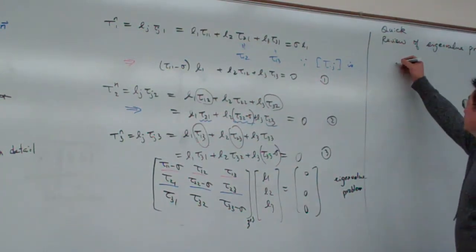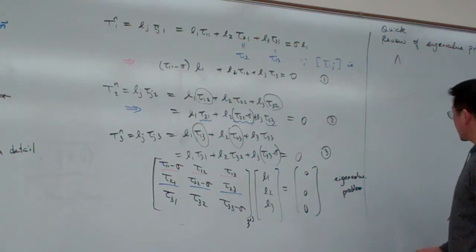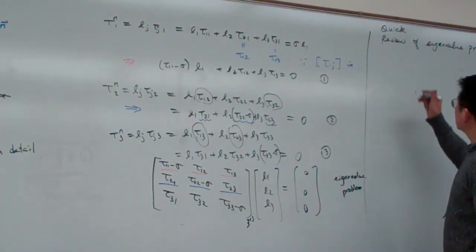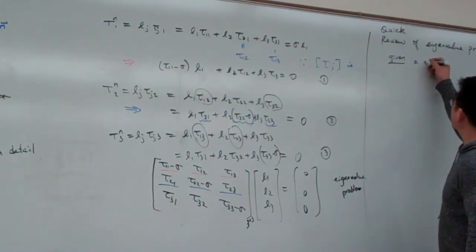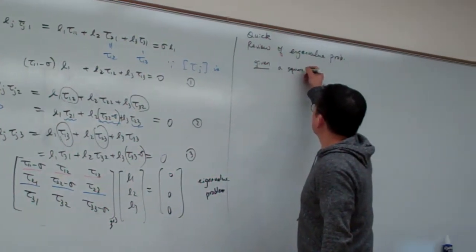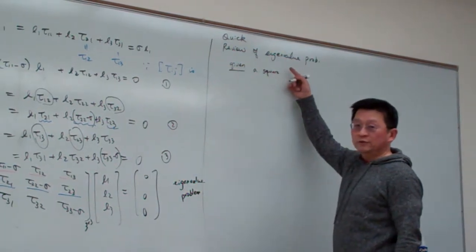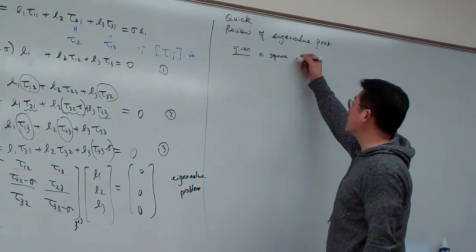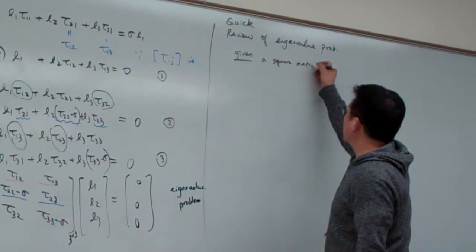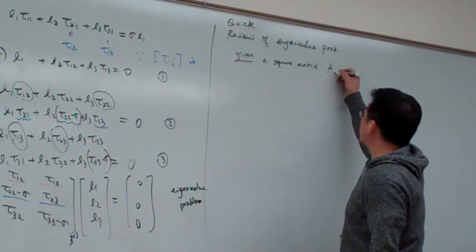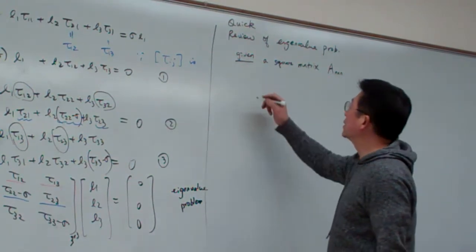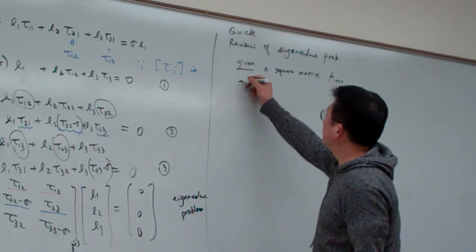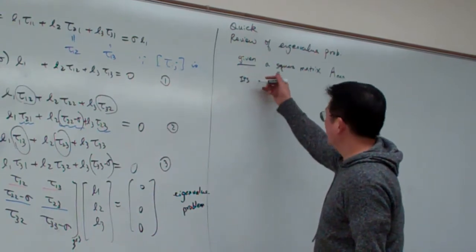An eigenvalue problem starts with this. We are given a square matrix. Usually this can also be applied to non-square matrices, but here we don't have to go that far. A square matrix A, for example, n by n, that is the dimensions.